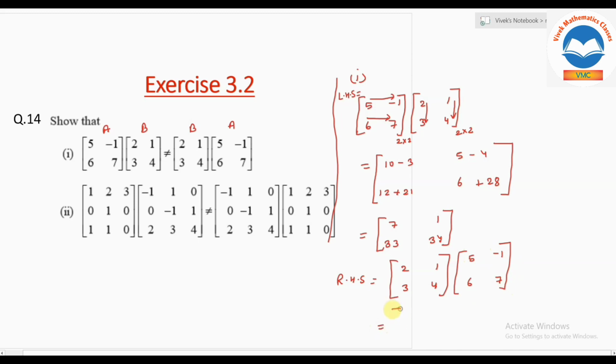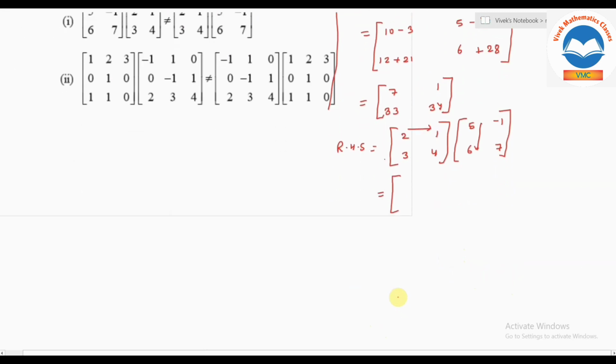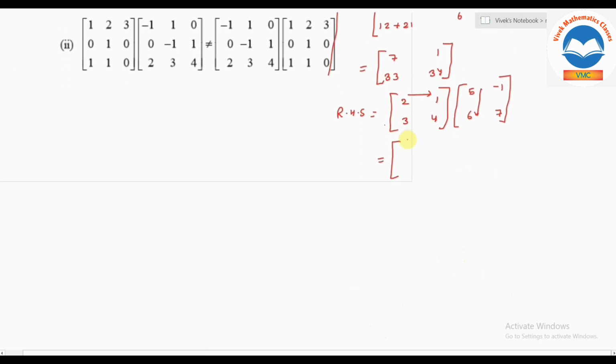So what will we get here? Again you have to multiply the first row with the first column. 2 into 5 will be 10 plus 6.